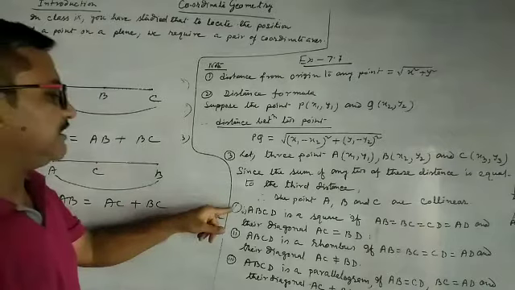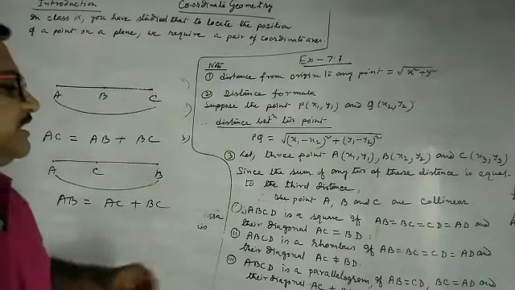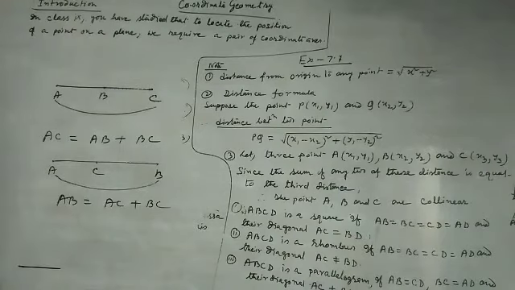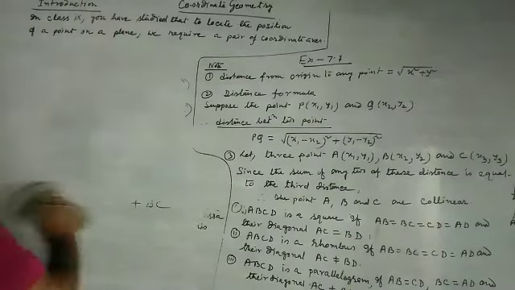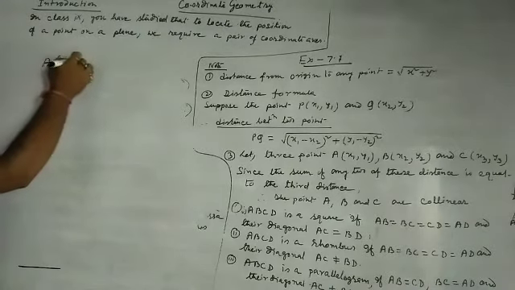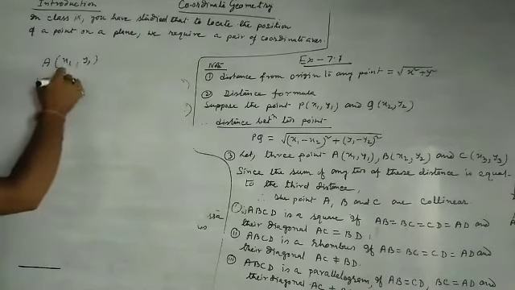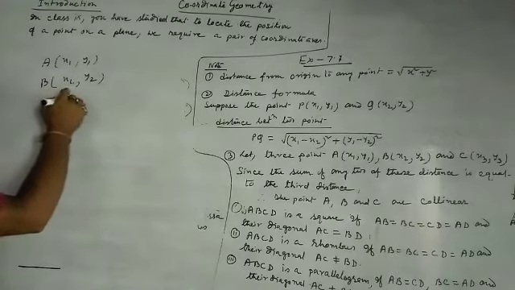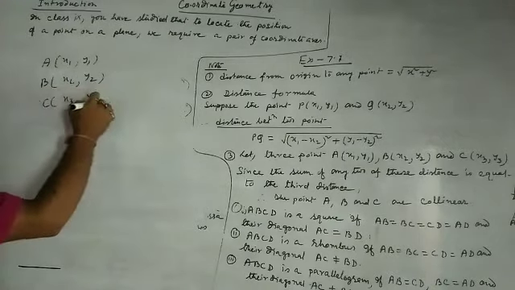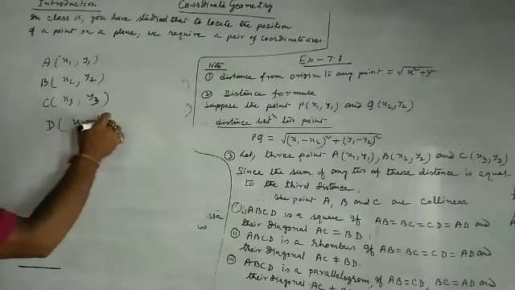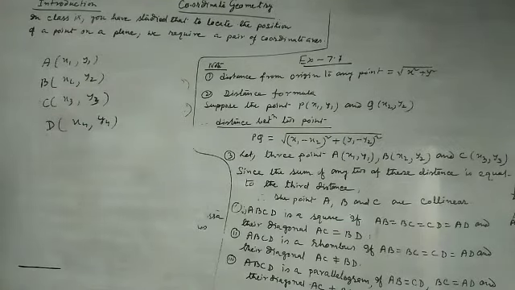Next, number 4, suppose ABCD is a quadrilateral. Suppose we have four points A(x1, y1), B(x2, y2), C(x3, y3), and D(x4, y4).